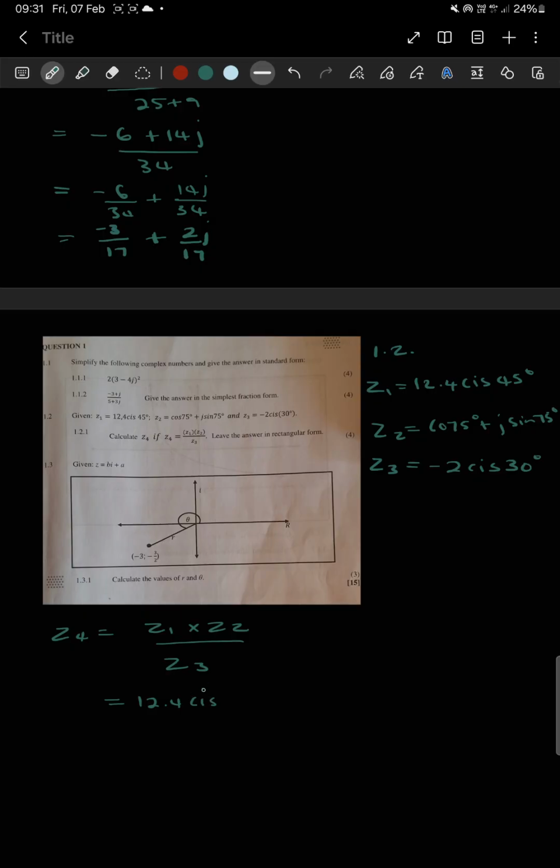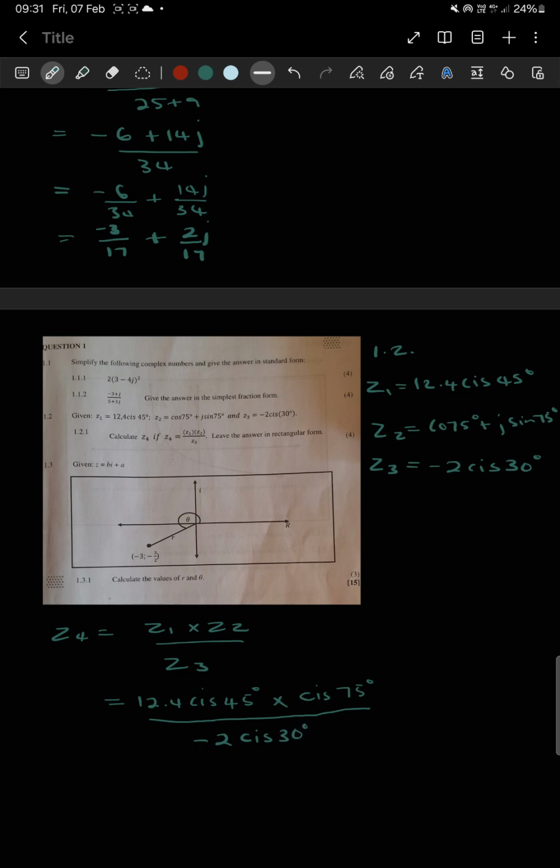So I have 12,4 cis 45 degrees. That's Z1. Z2, instead of cos 75 plus j sine 75, my r is 1 and my theta is 75, so I'm going to write it as cis 75, with the modulus being 1 and the argument being 75, all over Z3, which is negative 2 cis 30 degrees.